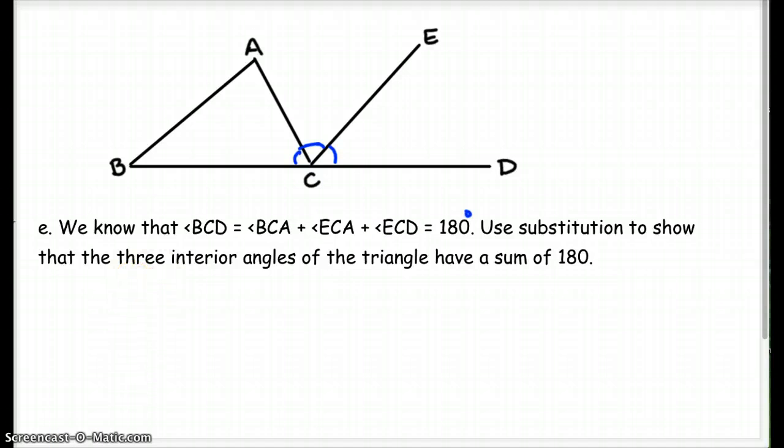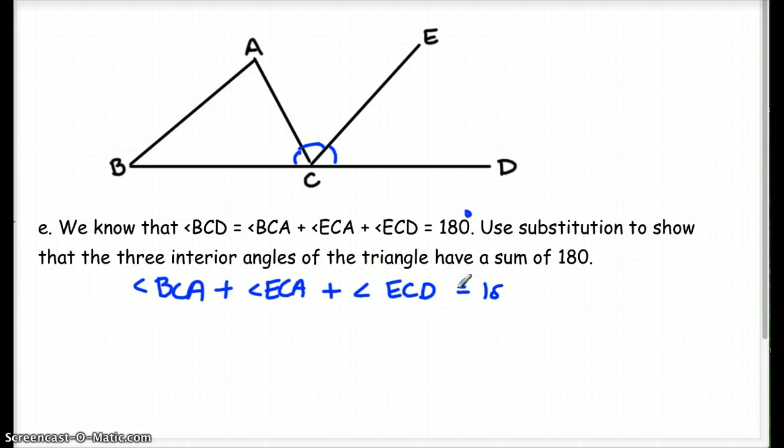Okay, so here's what I'm working with. We have BCA plus ECA plus ECD, and that equals 180. So from part C above, it says angle ABC and ECD are congruent. So I'm going to replace this one right here with angle ABC. And then on part D, it mentioned that BAC and ECA were the same.